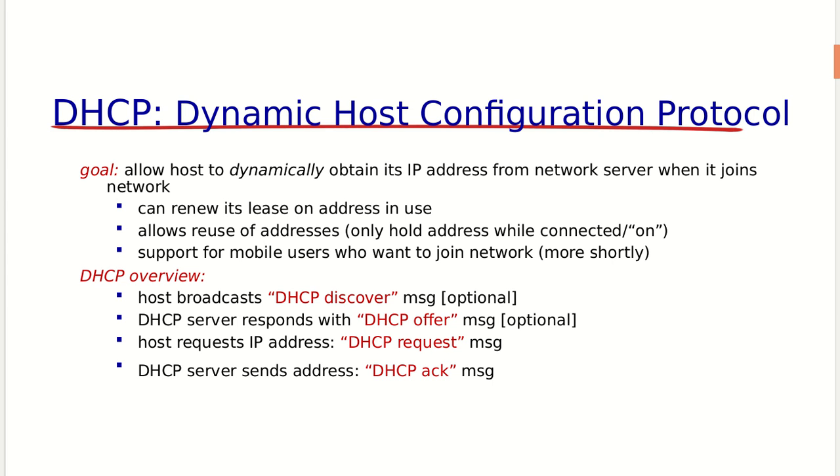So simple 4-step process. First 2 steps are regarding discovery of the DHCP server on the relevant network. The remaining 2 are obtaining an IP address from that DHCP server. Okay. First 2 are optional, the DHCP discover and DHCP offer. So sometimes the IP address of the DHCP server is hard coded in the end system.